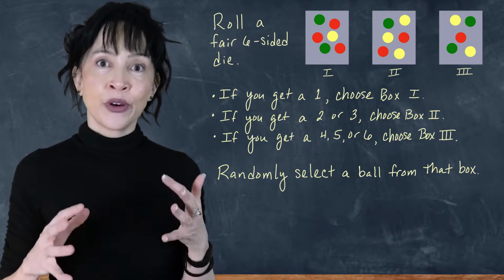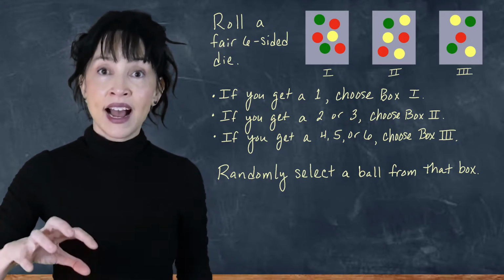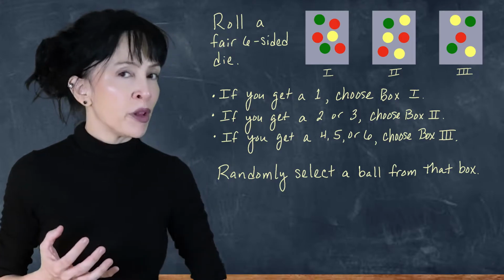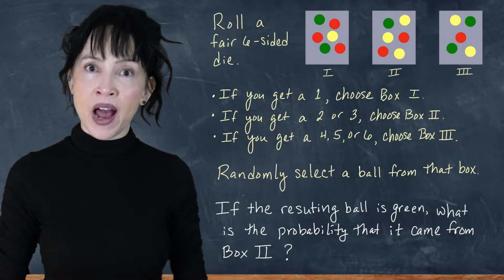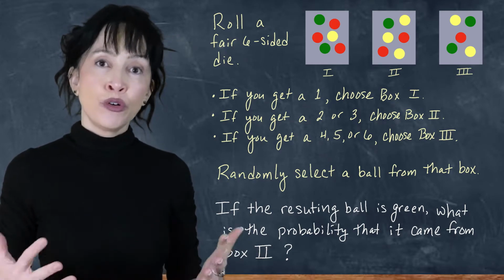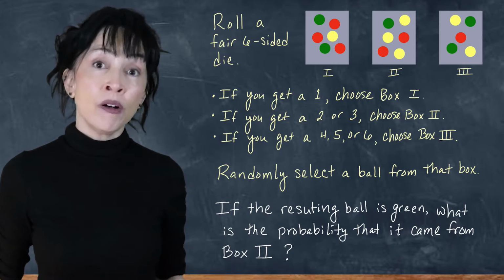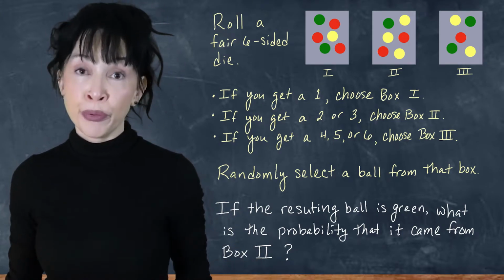I want to answer the question: if I performed this experiment and showed you that I got a green ball, but you didn't see how the experiment went, what is the probability that it came from box 2? Before, we wrote down as part of our probability of getting a green ball the probability that it's green given it came out of box 1, 2, or 3.